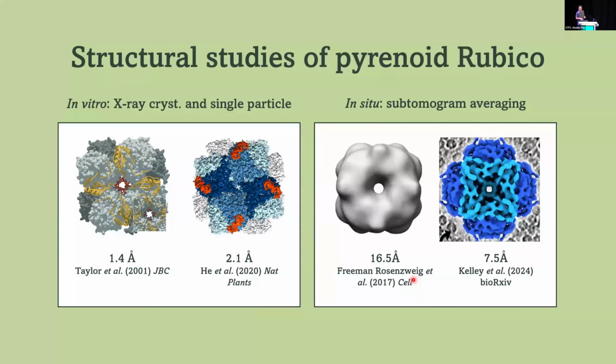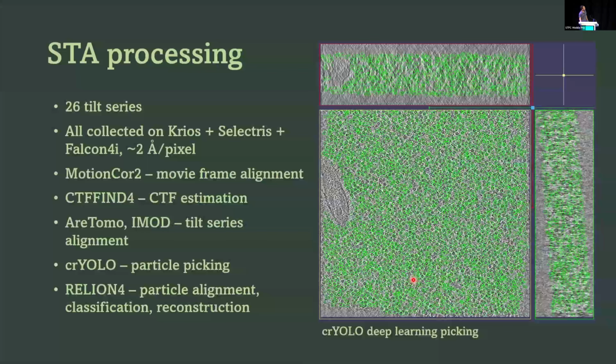Why are we not getting high resolution? Where is the variability coming from? Is it very different, or what's going on there? So spoiler, I didn't get much better resolution than that, but we learned something on the way. So this is what I want to tell you. Okay, so the pipeline was pretty standard.